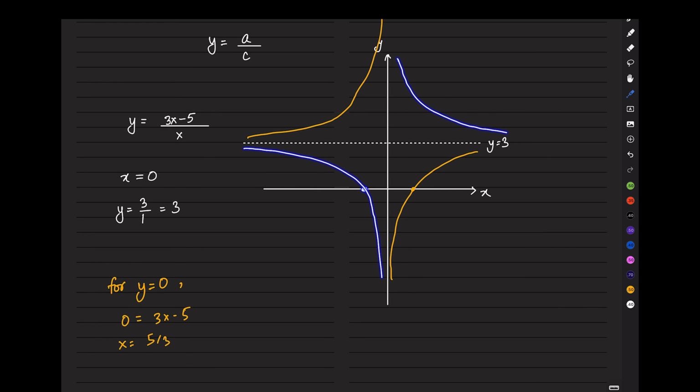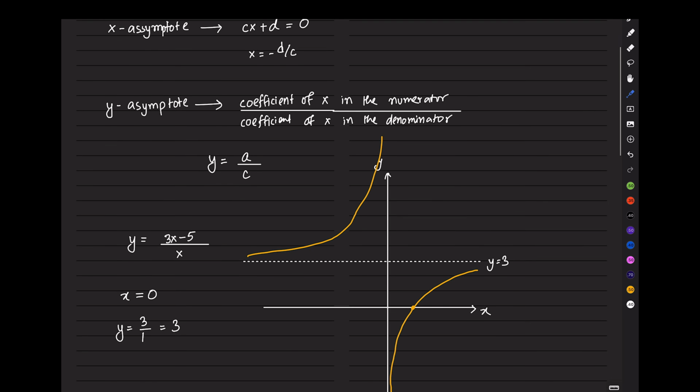Why exactly? Because remember, the line x equals 0 is also an asymptote, so the graph can never be equal to that particular line. That's like everything you need to know about asymptotic graphs.